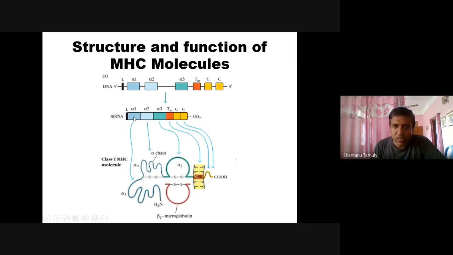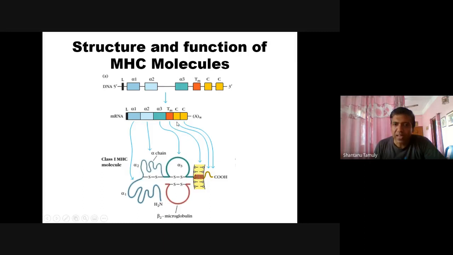Now alpha 1 is responsible for making this particular domain, the alpha 1 domain, and alpha 2 is for this alpha 2 domain. Alpha 3 is next, and TM is responsible for the transmembrane part. Transmembrane means this part of the protein is present inside the membrane.